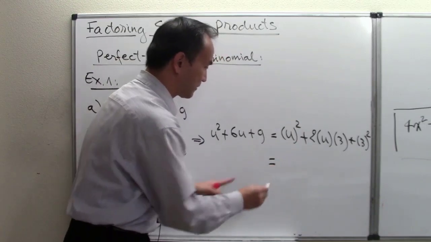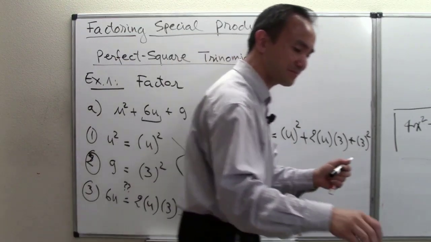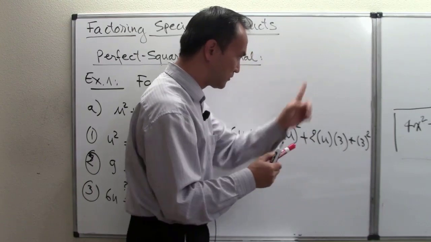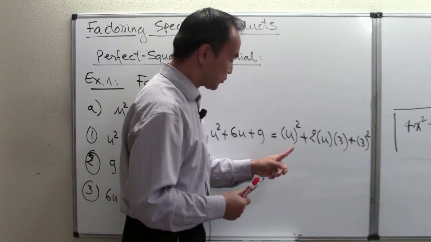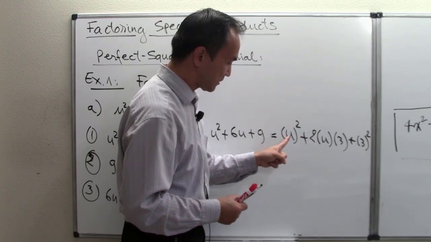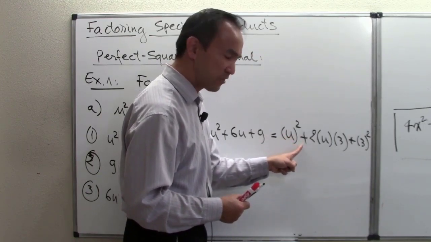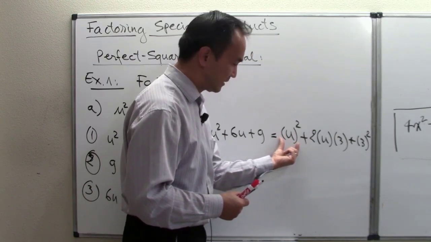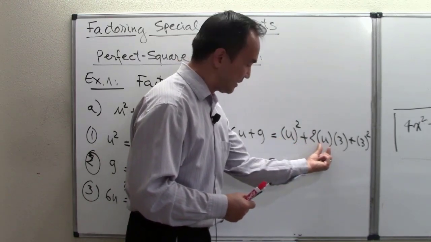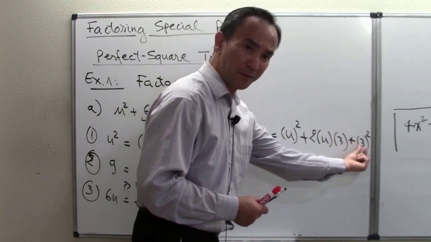And by the way, before I move on, let me remind you about the perfect square trinomials. It has a plus sign here. It's a trinomial, and think of the u in place of the x. Think of the 3 in place of the y.